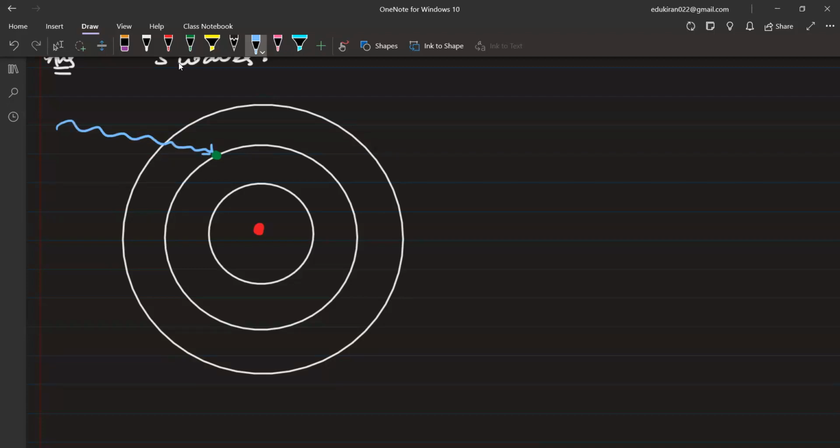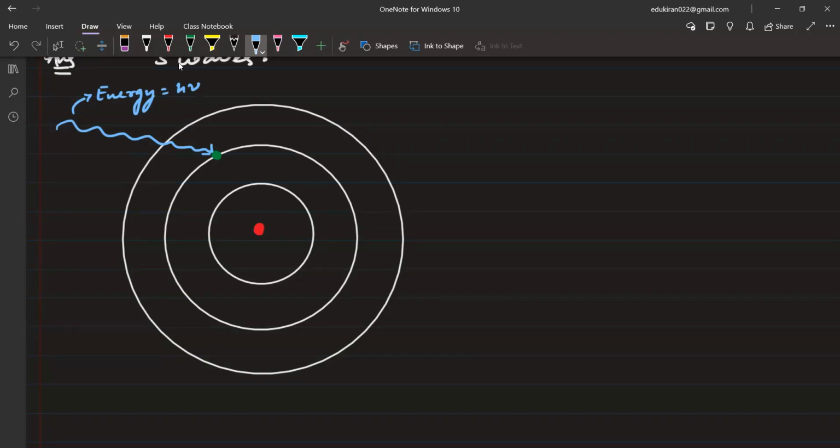Now, as soon as I strike light upon the electron, and please understand the mass of the electron is very low, the light will possess some energy, and that energy will be equal to h times its frequency, directly proportional to its frequency.